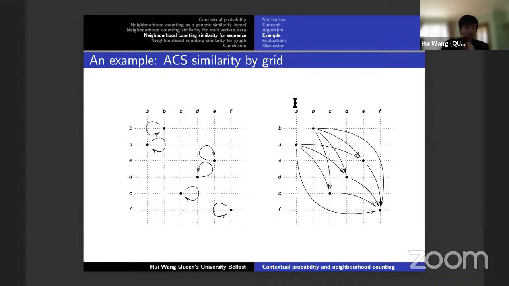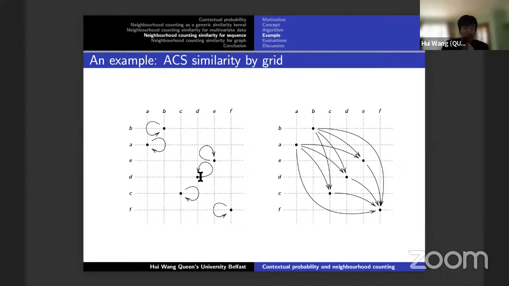This one illustrates the grid algorithm. We have two sequences like this, and we begin with this. The common symbols are represented by a black dot, because here B is common in both sequences, and here A is common in this position for the two sequences.